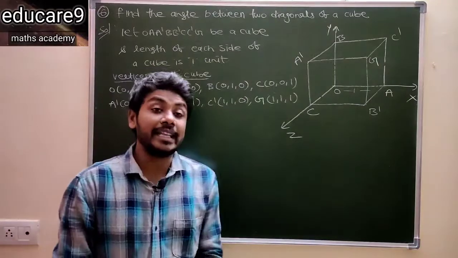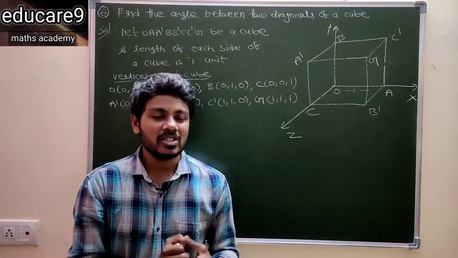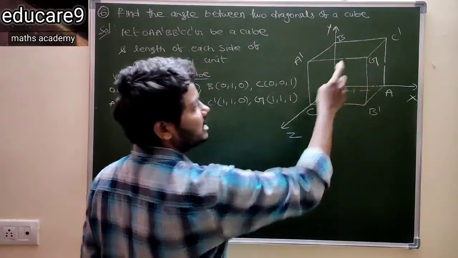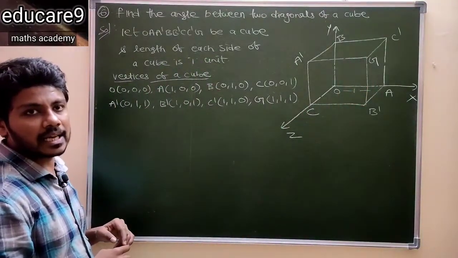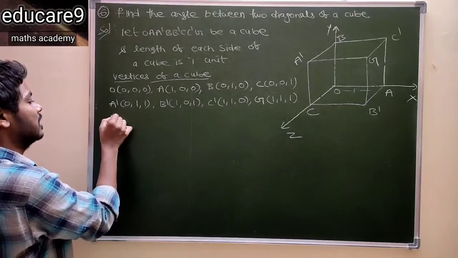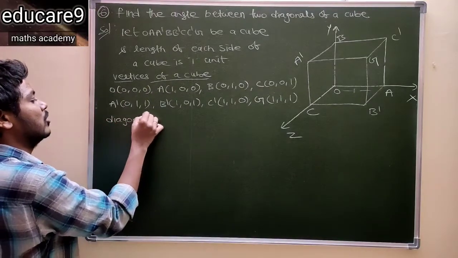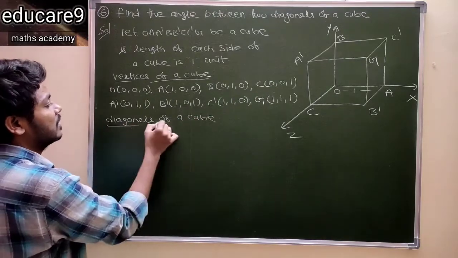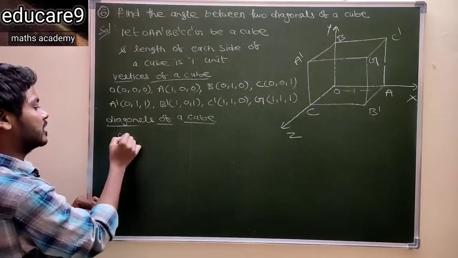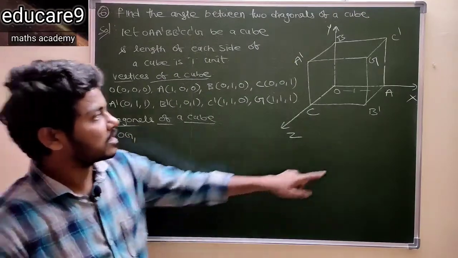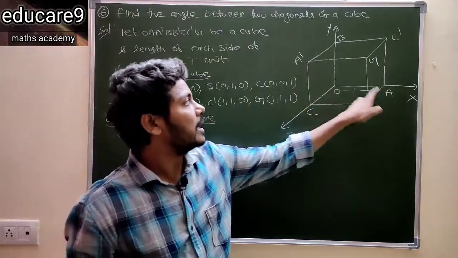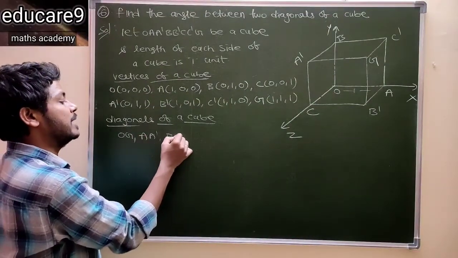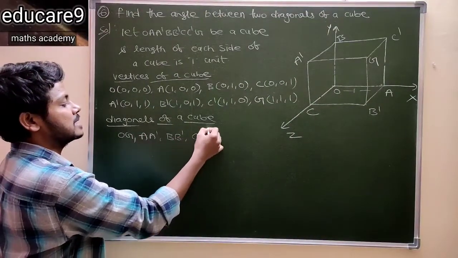Next you need to find the diagonals of a cube. So clearly what are the diagonals? OG, next A dash, next B dash, next C dash.